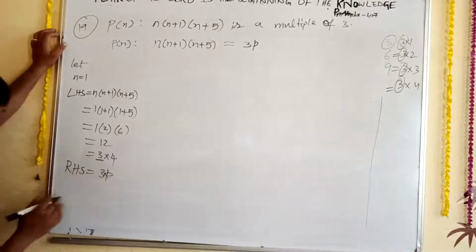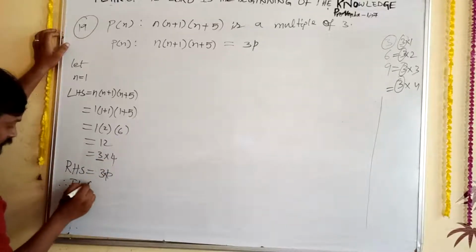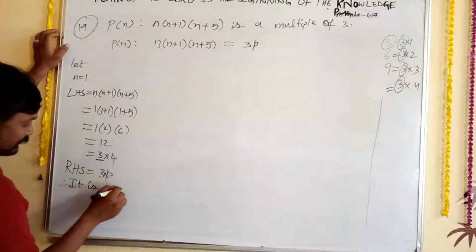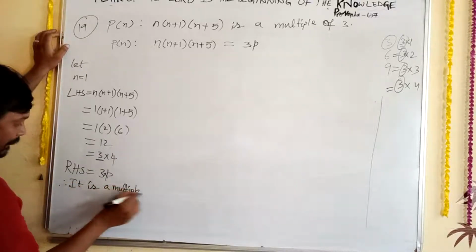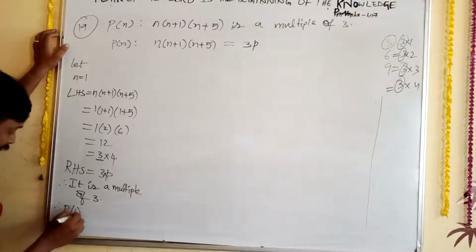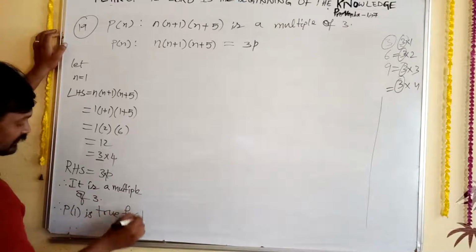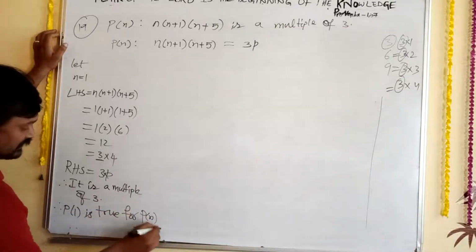So directly we can write here, therefore it is a multiple of 3. Therefore, P of 1 is true for P of n. Equation number 1.